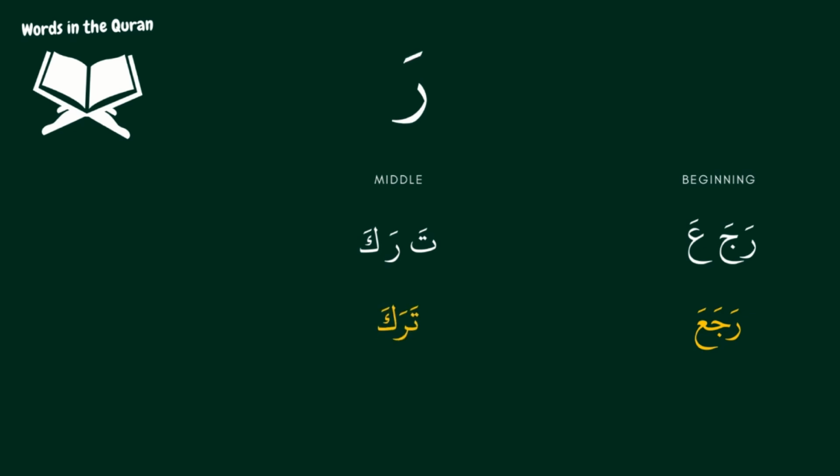The letter Ra. رجع. ترك. هدر. Indeed, Ra is also a letter that can't be joined.